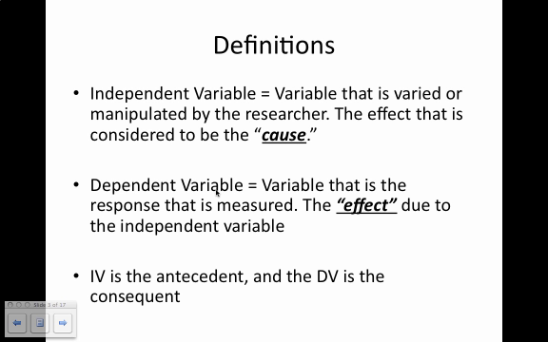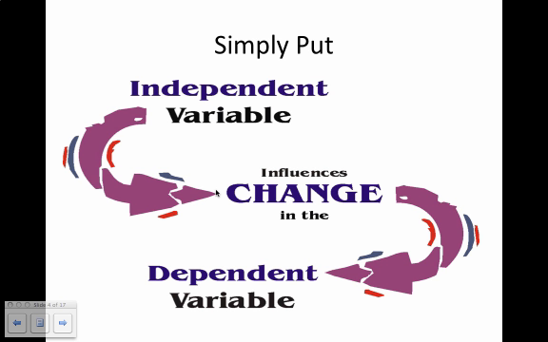The independent variable is the antecedent, meaning that it comes first, and the dependent variable is the consequent. It's what comes after. Something needs to happen first in order for an effect or a result to happen, a consequence. So simply put, an independent variable influences change in the dependent variable.